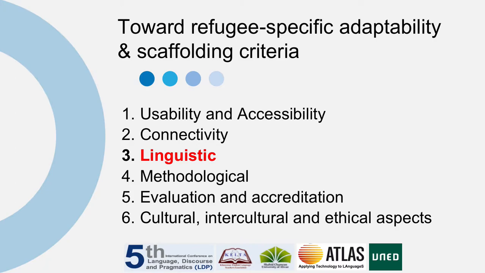These have come from the experience of our refugee support group, and even though they are different from one social group to the other, if we are trying to produce social inclusion and we are trying to bring people together in different kinds of social learning, then it is important that each of these factors are reflected in all MOOCs, not just the ones for refugees and migrants, and also not just the ones oriented towards language learning. First of all, usability and accessibility.